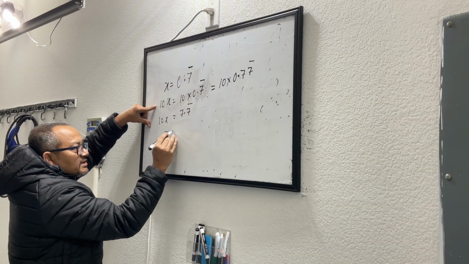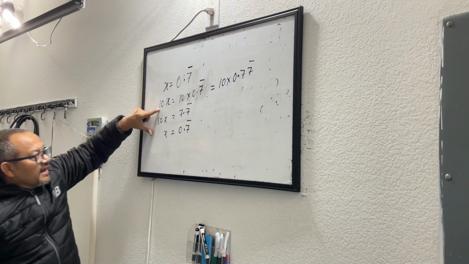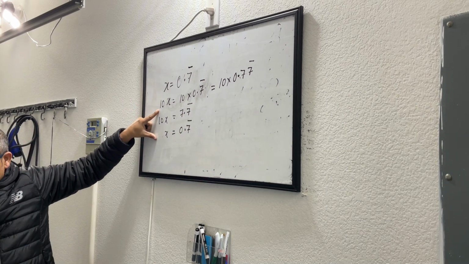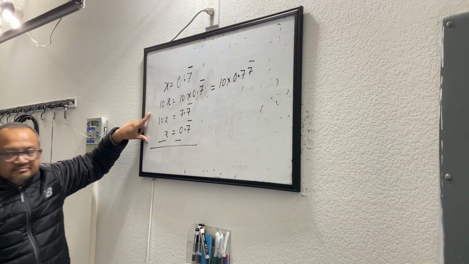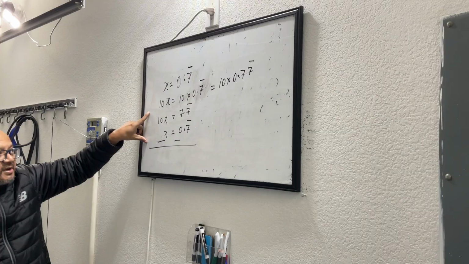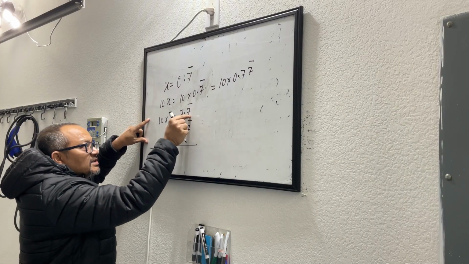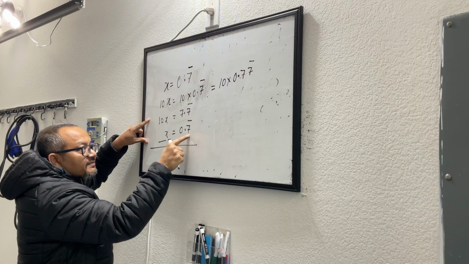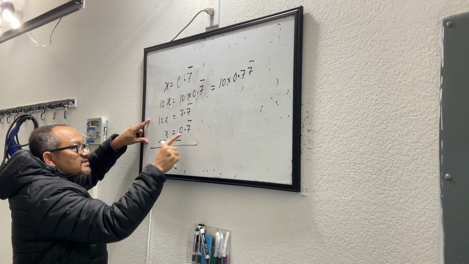Now I am writing the value of x and the value of 10x together, and I am trying to subtract. Why am I subtracting? Because this one has a recurrence after the first decimal, and this one also has a recurrence after the first decimal. So it will help me get rid of the recurrence sign.